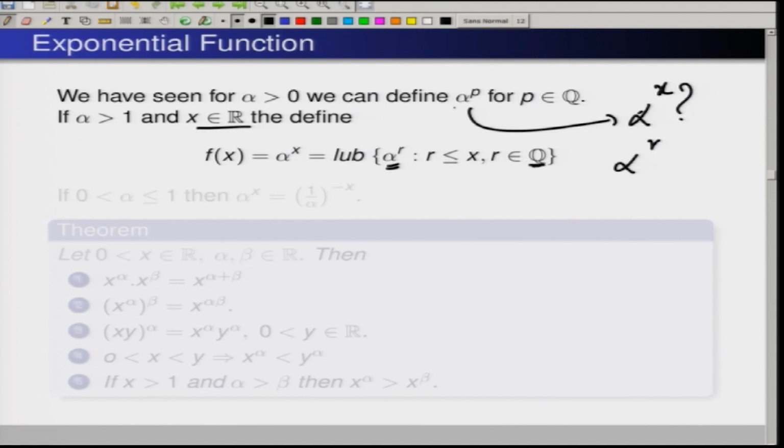Now, you take the set of alpha to the power r for all r less or equal to x. This is definitely going to be a bounded above set, therefore its least upper bound will exist, and I will call that alpha to the power x.